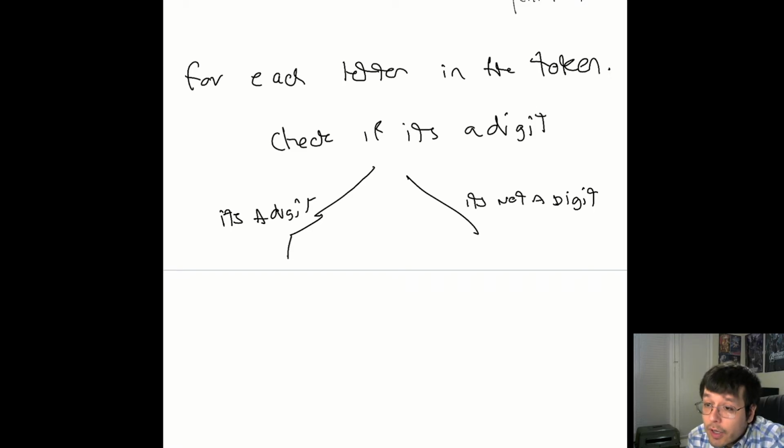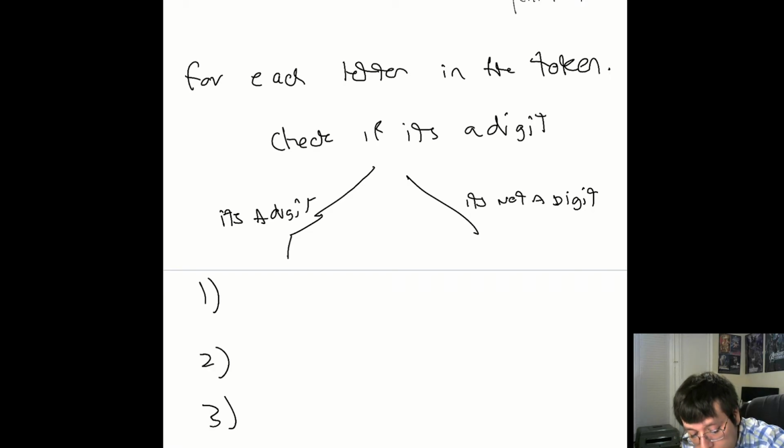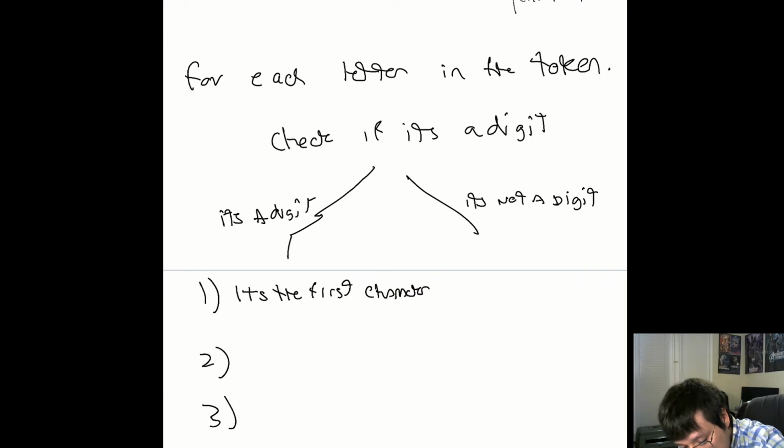So there are three scenarios that you're going to run into when you have a digit. And this is something you have to think about. This is not something that's going to magically come up, right? So what are the three scenarios? Scenario one is that it's the first character of the string, the token.